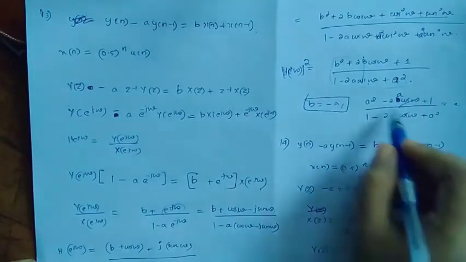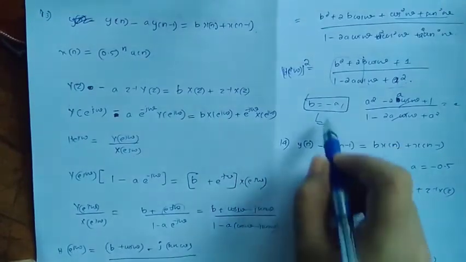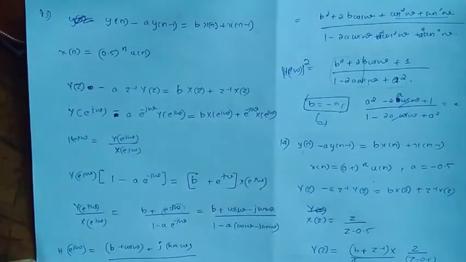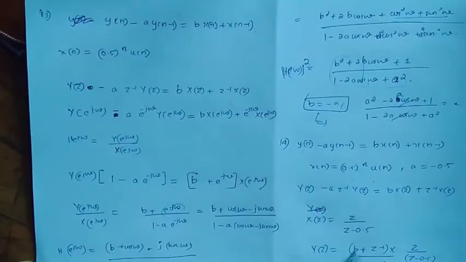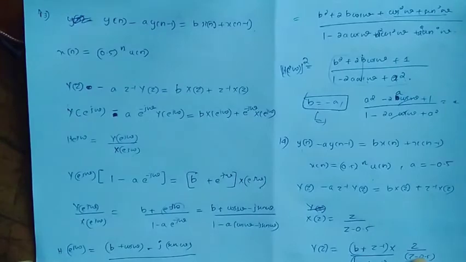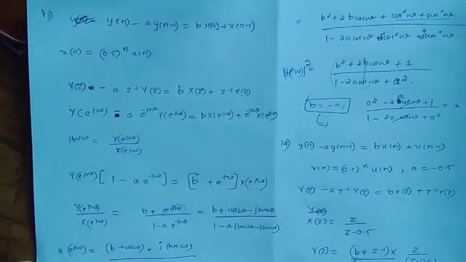And for it to be an all-pass filter, we have already found out b should be equal to minus a. So I am going to substitute that over here. We will get z raised to minus 1. Instead of b, we are going to write minus a, where a is 0.5, so b is equal to minus 0.5.